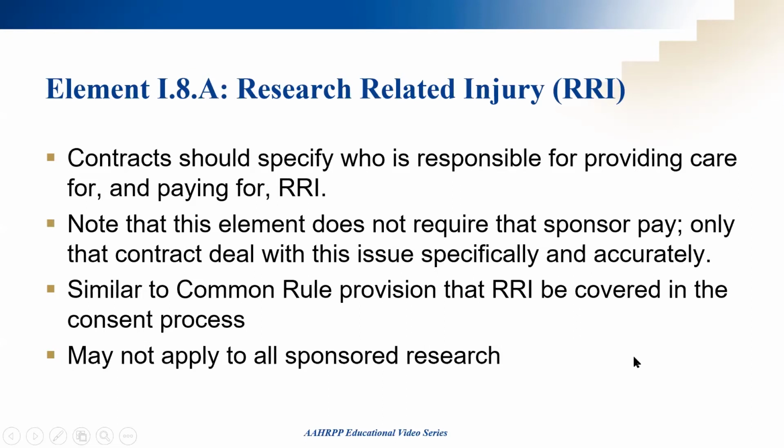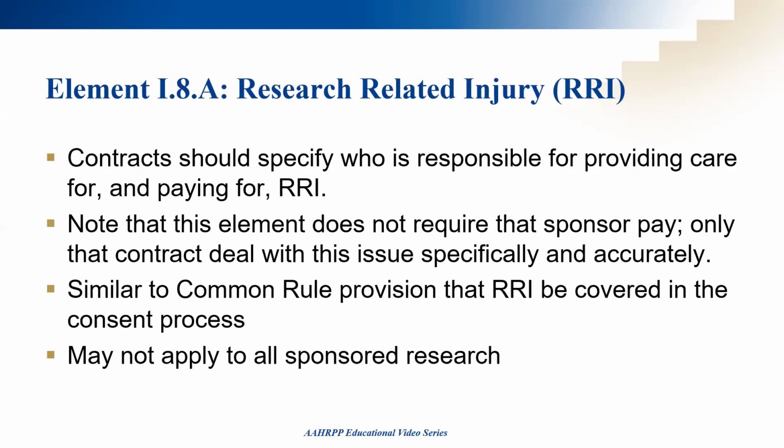So moving forward, the first of the elements in this standard is 1.8a, dealing with research-related injury, or RRI. And the expectation here is that contracts should specify who, if anyone, is responsible for providing care for and paying for the diagnosis and treatment of research-related injury.